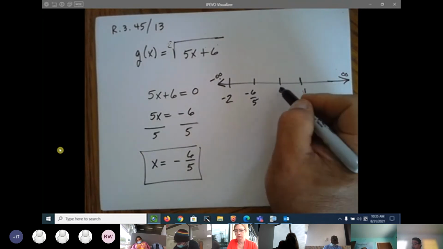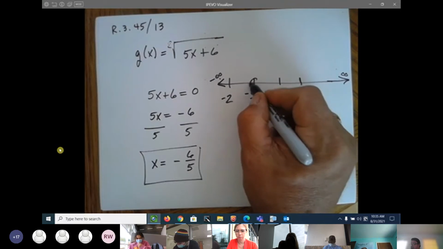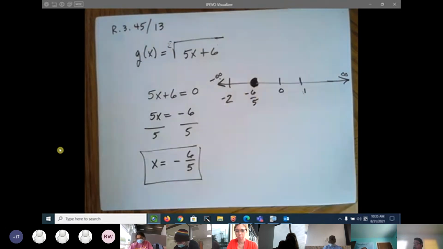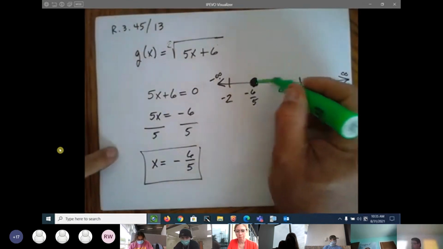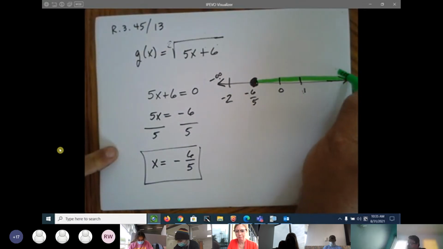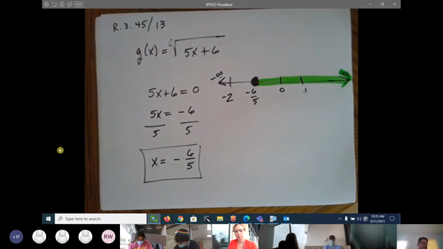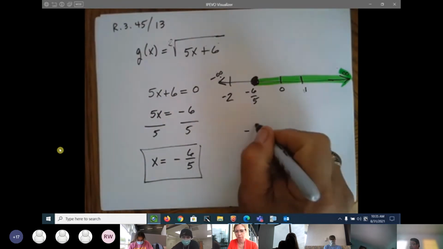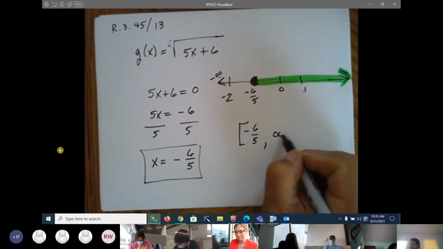So it looks like we can take the square root of 0, and I can use all positive numbers. So that means my domain for this function is negative 6/5, comma, infinity.